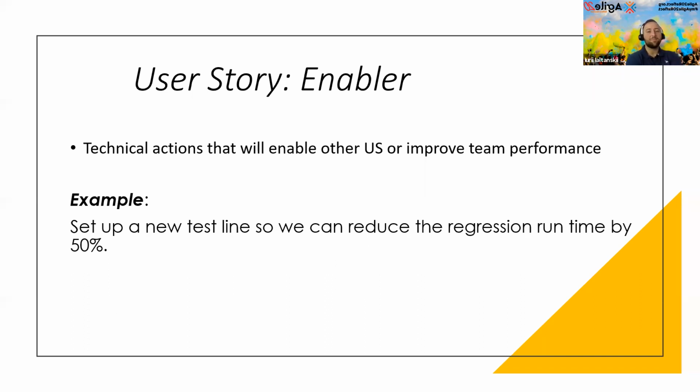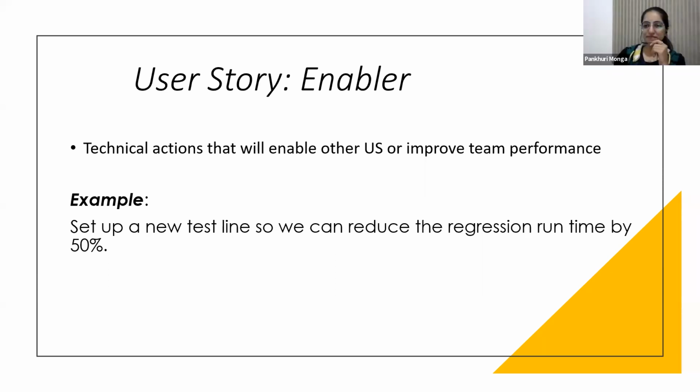So this story is an example related to performance, because otherwise, if it's a dependency, we'll just have some user story, let's say user story A, and somewhere within this story a comment that user story B depends on it. Okay, any question about the enablers?